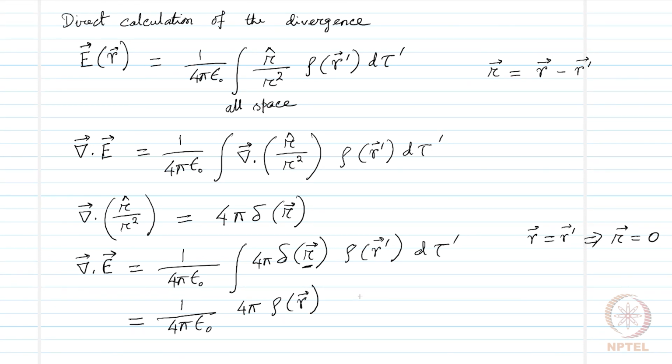So 4 pi from denominator and numerator cancels, and we are left with rho as a function of r over epsilon naught. So, we can directly calculate the divergence of the electric field without looking at the flux and the integral theorem what we have done. So, we can directly arrive at the differential form of Gauss law.